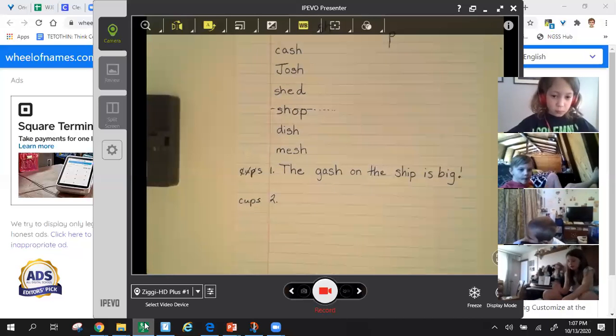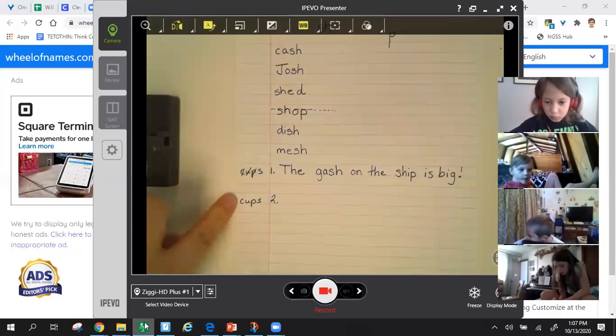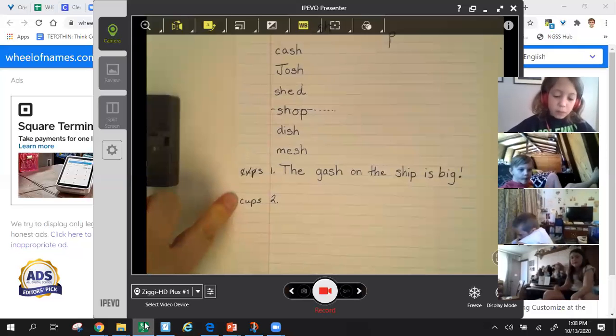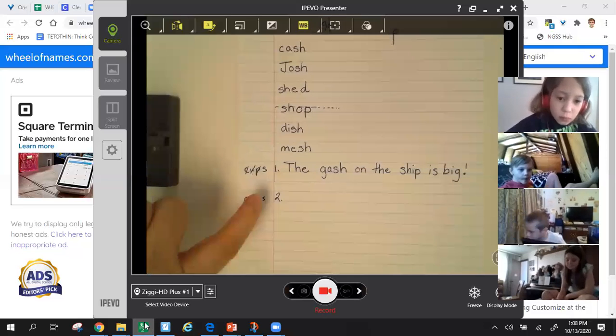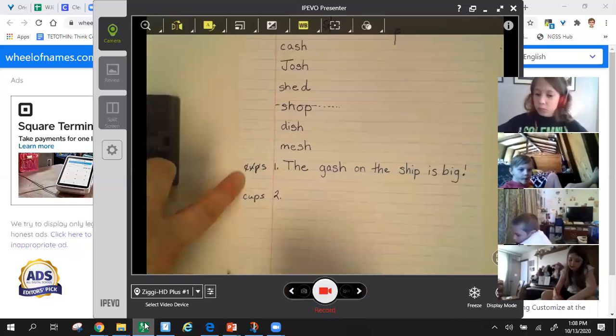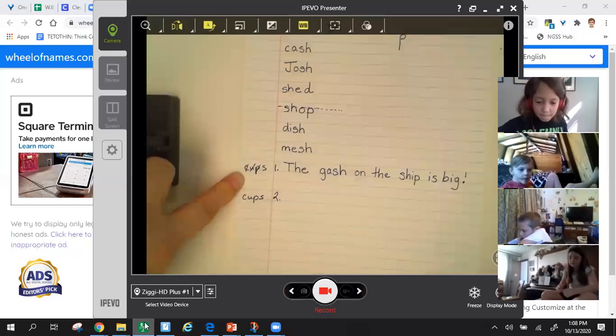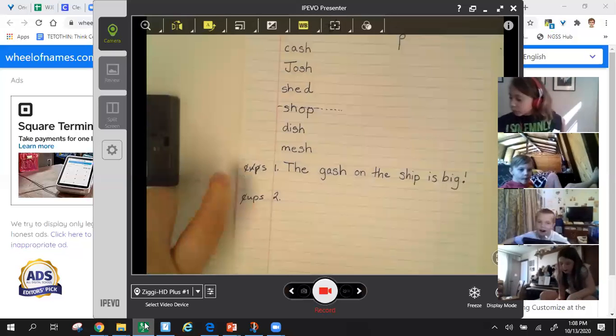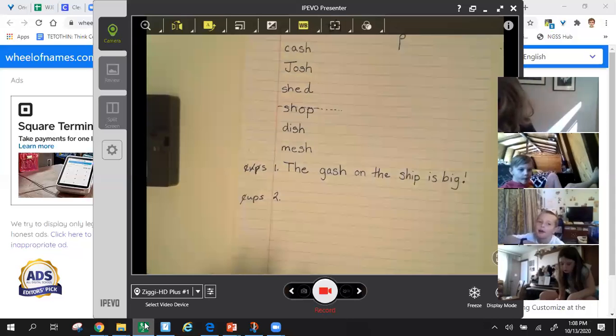So if you have your cups, what is the very first thing you're looking for? Capitals. Look for your capital. Every sentence has at least one, if not more than one. Ned had a red sash. Look for your capital. Once you see your capital, cross it off. Don't cross off the C until you look for your capital.